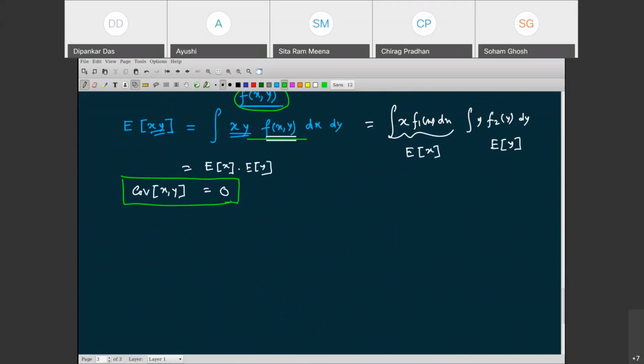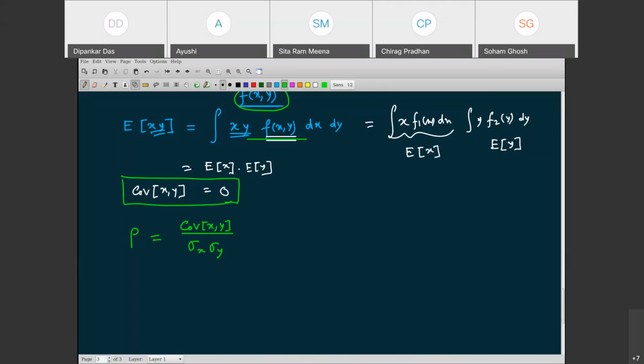So it is often very useful to work with a dimensionless quantity, which I call rho. Rho is defined as the covariance of xy divided by the standard deviations of x and y.